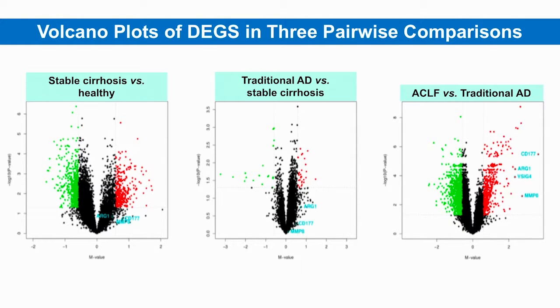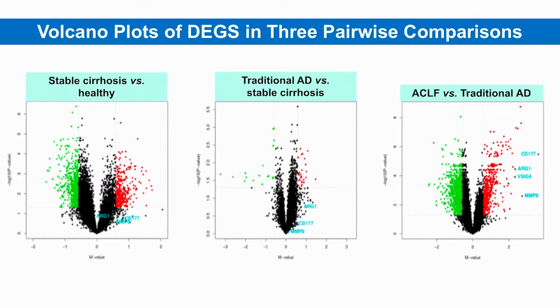If you concentrate on the right part of the figure, ACLF versus traditional AD, you can see that the most upregulated genes in the blood of these patients with ACLF are CD177, arginase 1, and MMP8. And all these genes are selectively expressed in neutrophils.